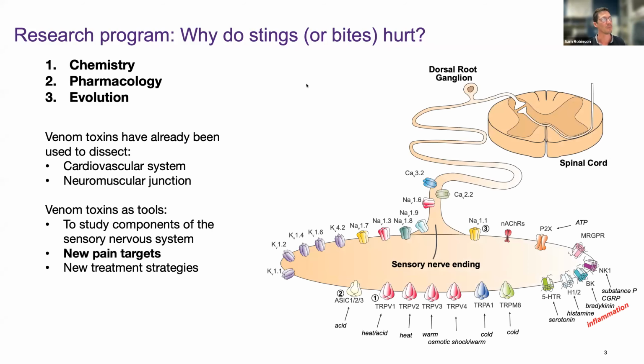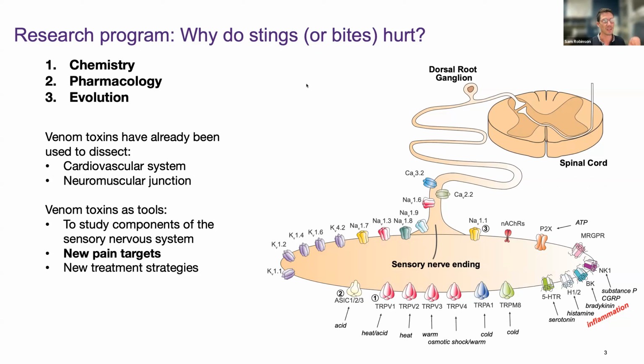But as I said, you always need an underlying translational thing, if anything, to get funding. So what I think this can be helpful with is, we know that venom toxins are really useful tools for studying the cardiovascular system. They've really helped with understanding the neuromuscular junction.